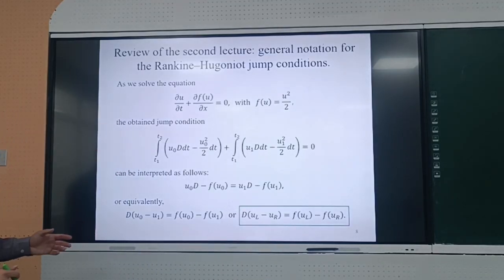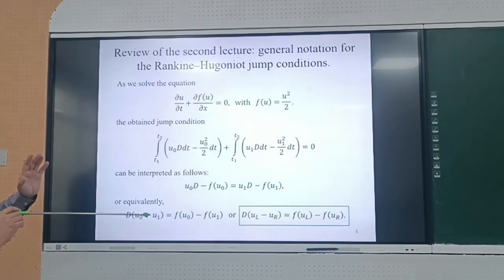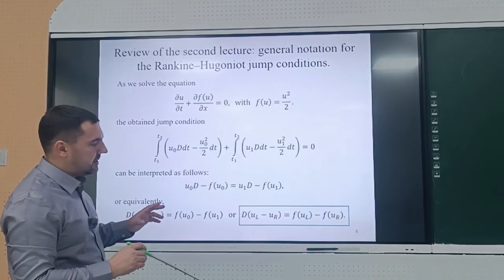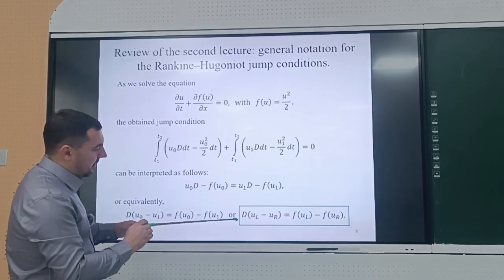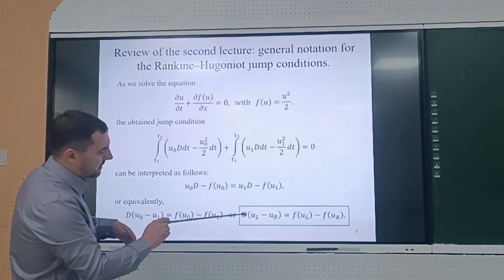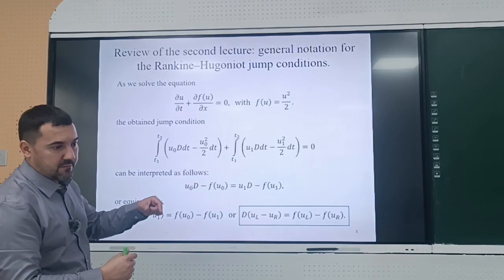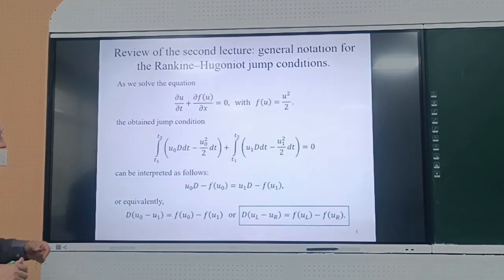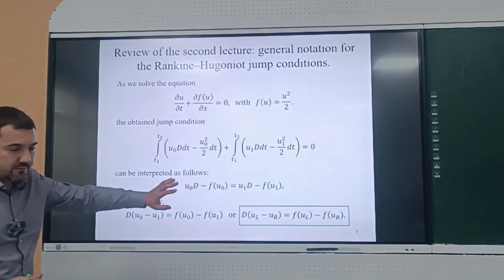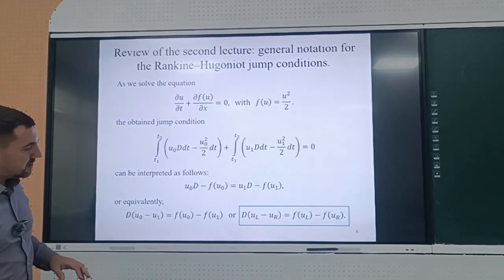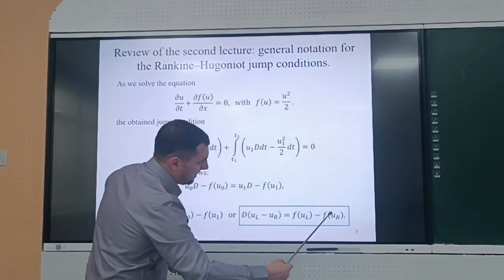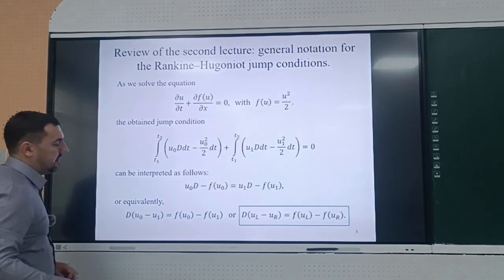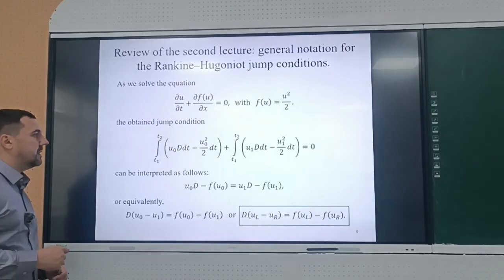Actually, this form is universal, and it will be the same for systems, linear and nonlinear systems of hyperbolic equations. And for gas dynamics, it will be the same if we substitute this u by the conservative variables vector, and this f by the vector of fluxes. This notation is widely used for Rankine-Hugoniot jump conditions. It says that the difference of fluxes to the left and to the right is connected with the difference of parameters times D, where D is the velocity of the shock wave.